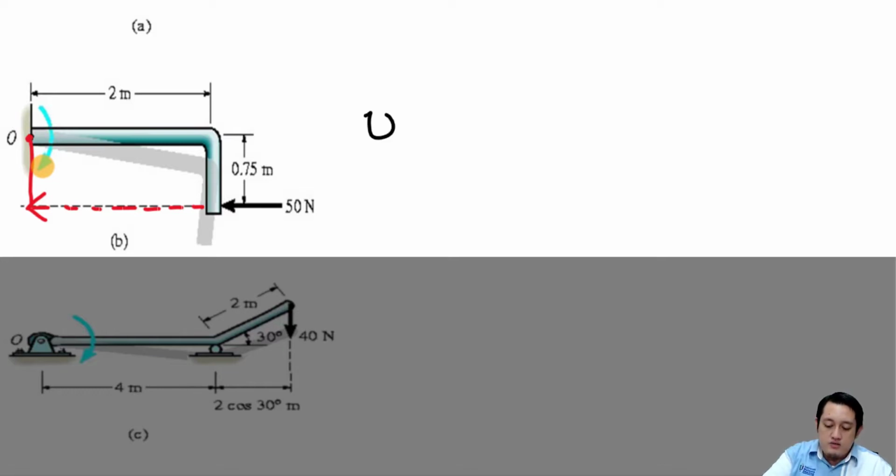Moment at O. The direction of the force is like this, so it will rotate like this, which is a clockwise rotation. So our assumption, clockwise positive, and the force also creates clockwise rotation.